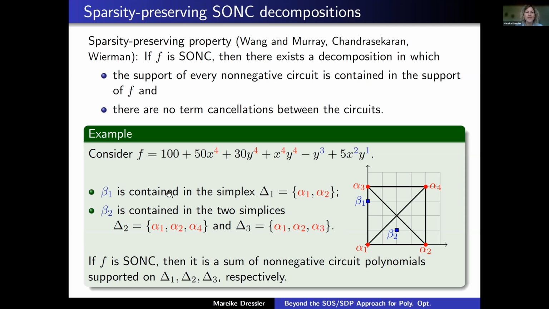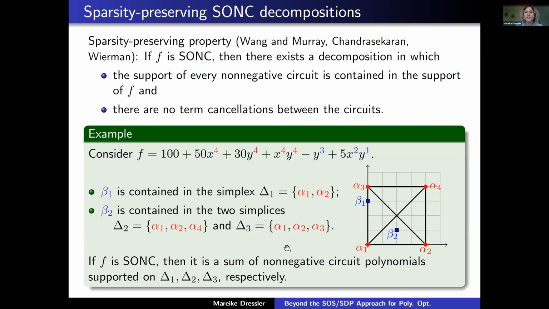And then you can note that beta 1, so this (0,3) point, lies in the simplex given by the vertices A1 and A3. Oh, this is a typo, pardon. So A1 and A3.